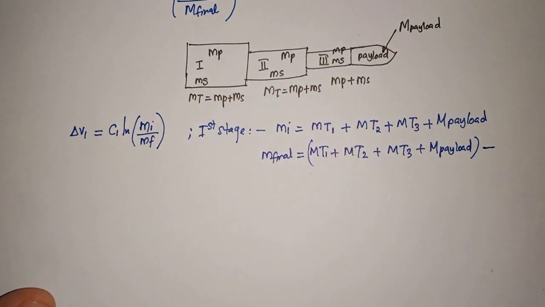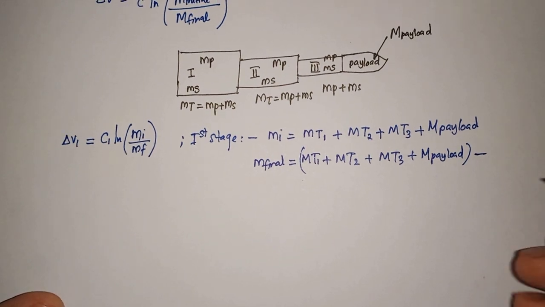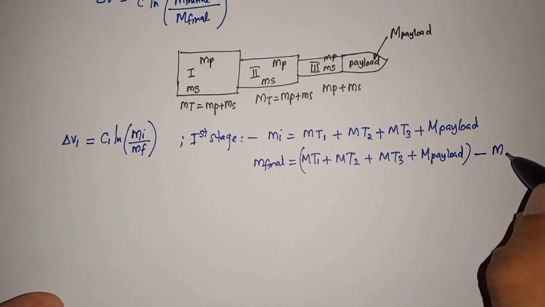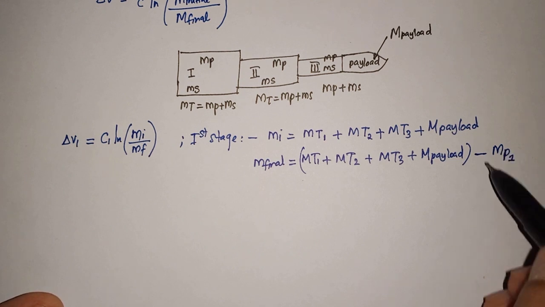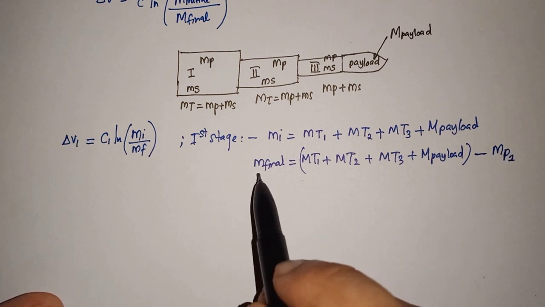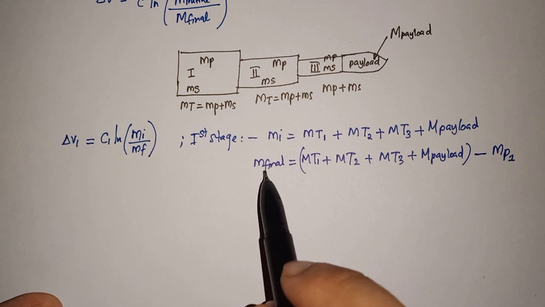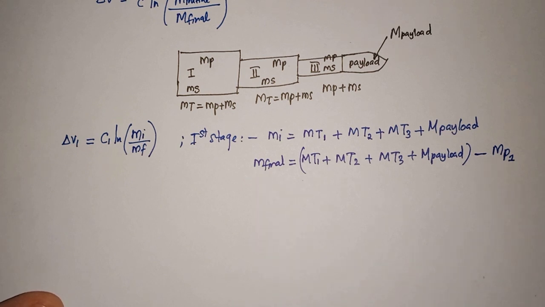Let's say this is my MP1. Your fuel is getting consumed, so that is going to be my final mass of the first stage.